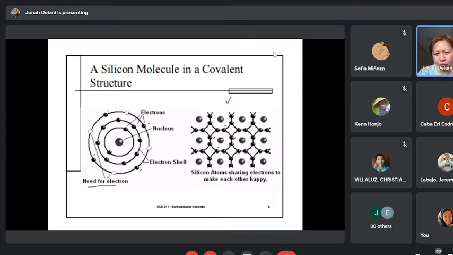The same is true with the other silicon atoms. So now it has 8 valence electrons. So a silicon atom by itself has 4 valence electrons, but when it is with other silicon atoms, the silicon material would now be an insulator.